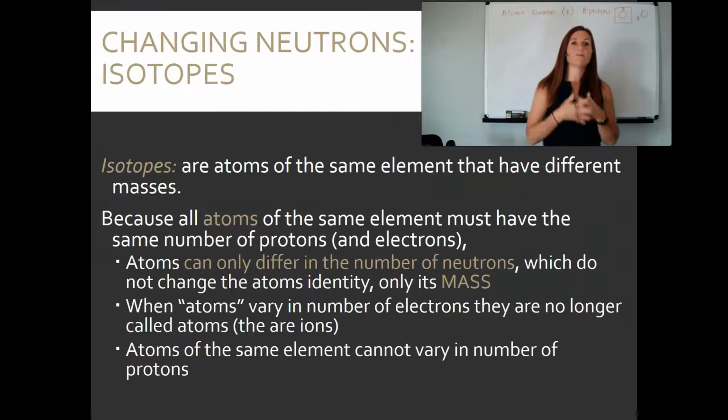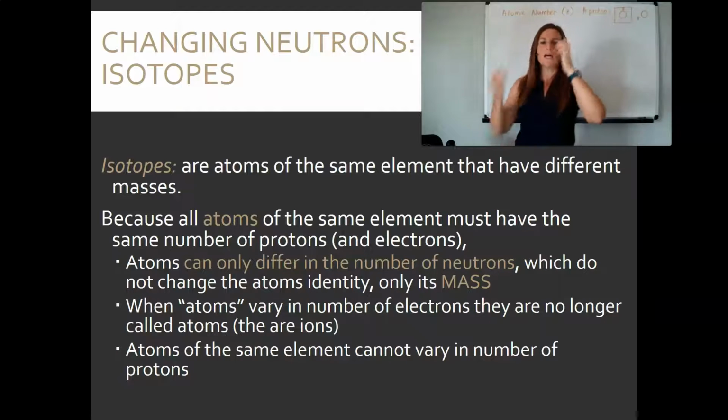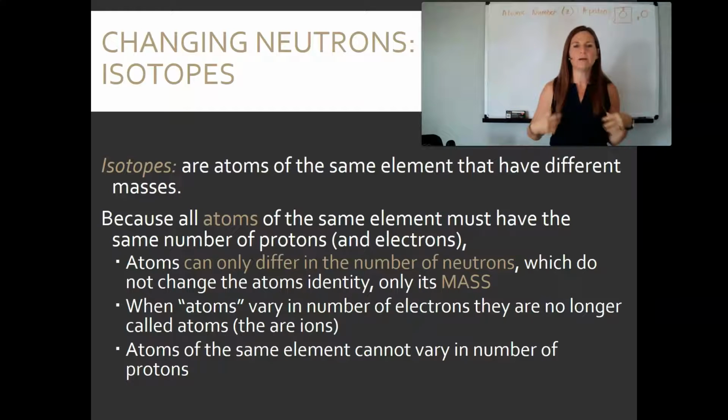Our atoms, we've just established, will always have the same number of protons. The same element will have the same number of protons in the nucleus. The electrons should be equal but opposite to the protons if we're a neutral atom. We said that 2 slides ago, that protons equal electrons. And now we just need to talk a moment about the neutrons, because the neutrons can definitely change.